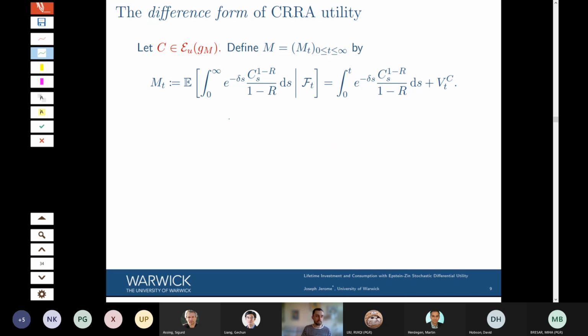Because C is uniquely evaluable, this integral here is necessarily going to be an integrable random variable, and when we take the conditional expectation, it's just a UI martingale. And if we remember, the value process at time t is just equal to the expected value of the following.